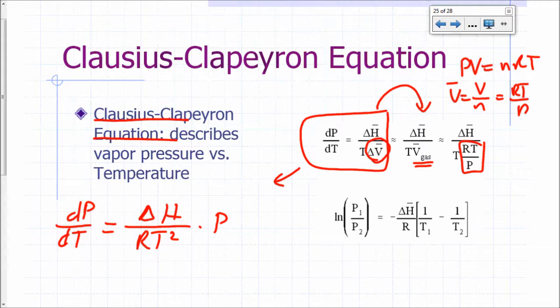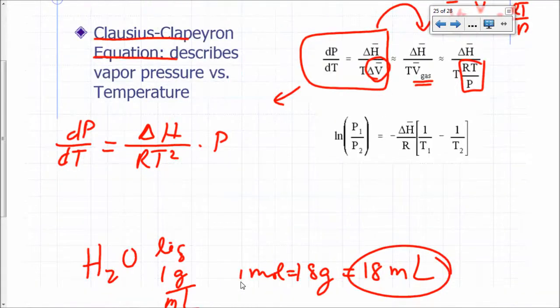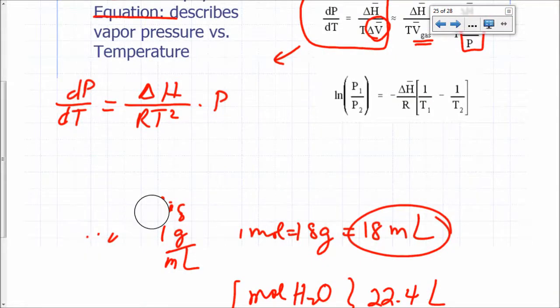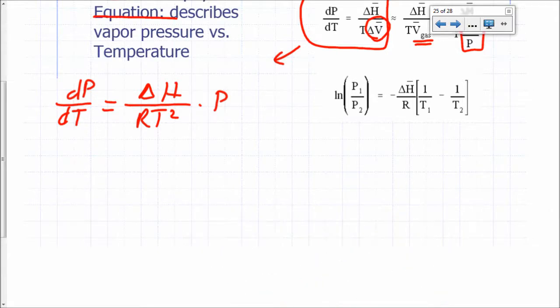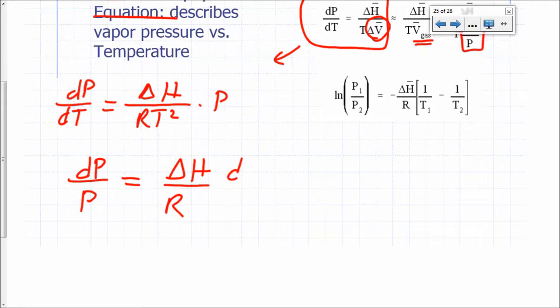And I'm going to separate my variables. Let's call this a differential equation. I'm going to write dP over P on the left is equal to delta H over R, and then you have dT over T squared on the right. Okay?